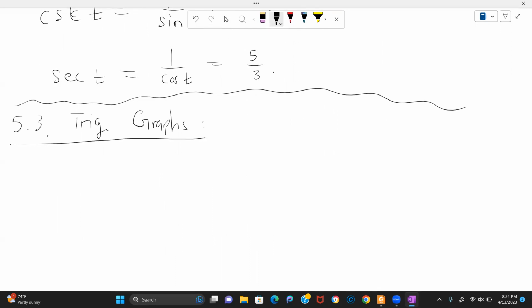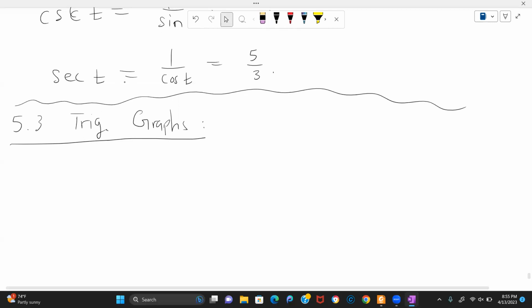It's going to turn out that these graphs not only have symmetry, so you have either even or odd symmetry, they're actually also going to be periodic. That means the function in a sense repeats, and that's going to be manifested in the graph. The graph's going to repeat.